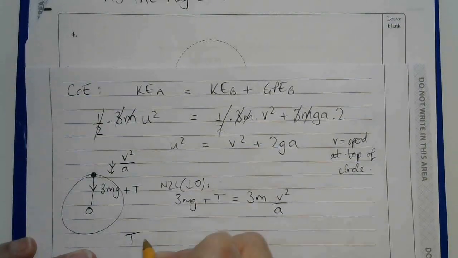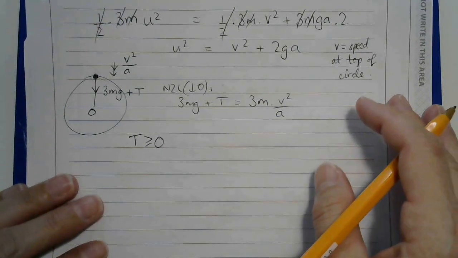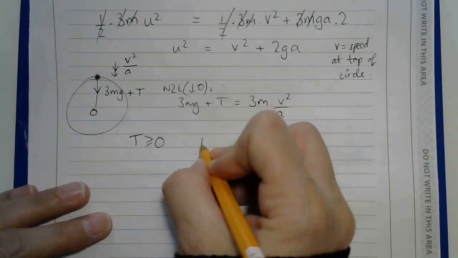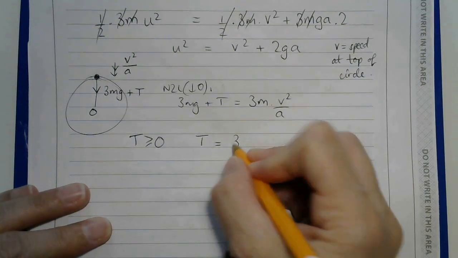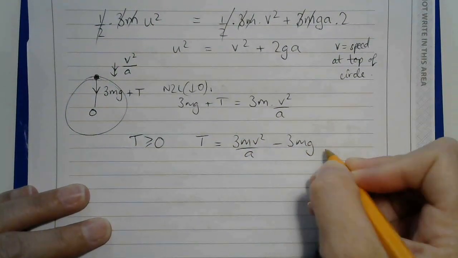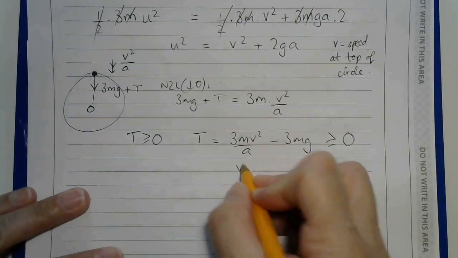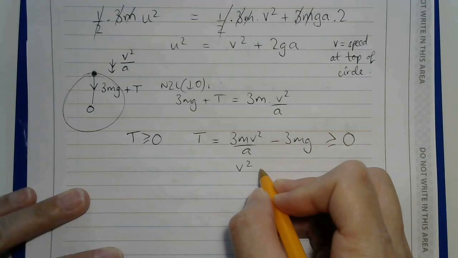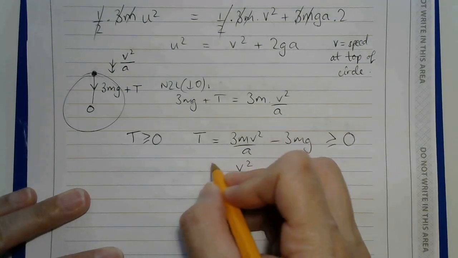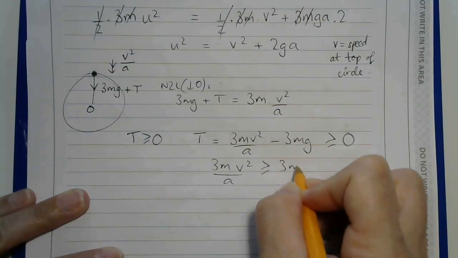Here I know that T needs to be bigger than or equal to 0. If I rearrange this for T, then T is going to be 3mv squared over a minus 3mg, and I know that's going to be bigger than or equal to 0. So therefore v squared times 3m over a will be bigger than or equal to 3mg.